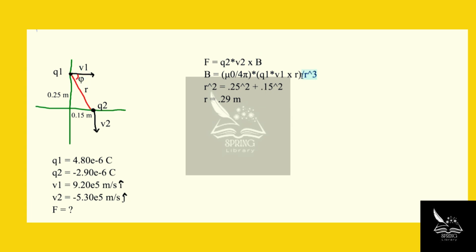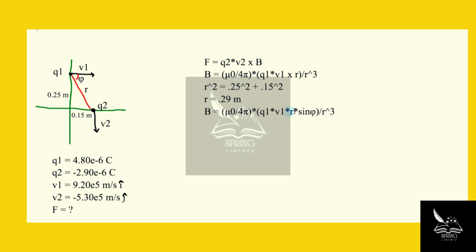Now our expression for the magnetic field can be written here in terms of v1 times r times the sine of this angle phi. Before we actually get into this, let's just see quickly that there's a factor of r up here and a factor of r down here.